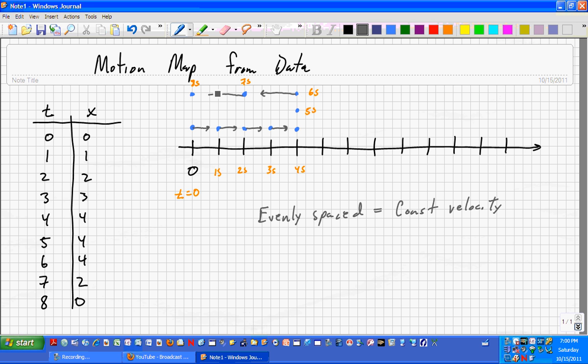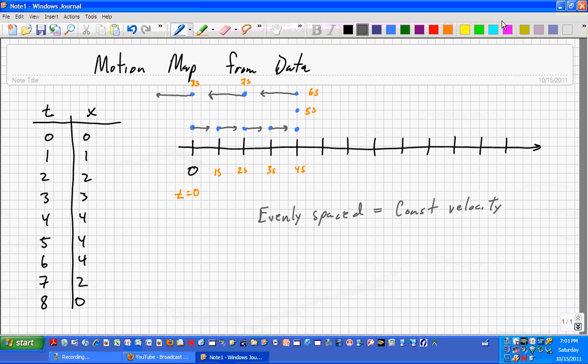Now the spacing after that is even, so what I want to do is make sure that those velocity vectors are the same length. And we don't know what's going on here. We're just going to assume that it's continuing on with the same motion that it had been. So I'm going to go ahead and put another velocity vector on that, the same length as these.